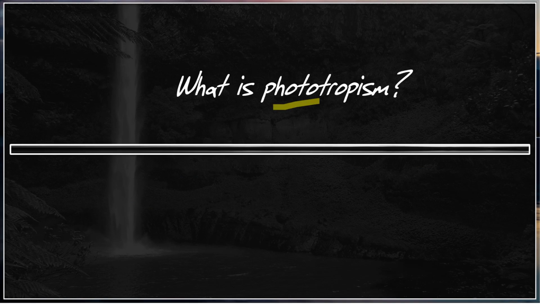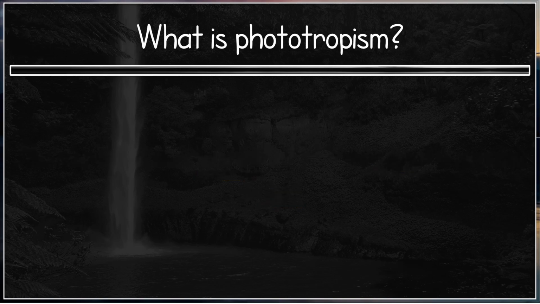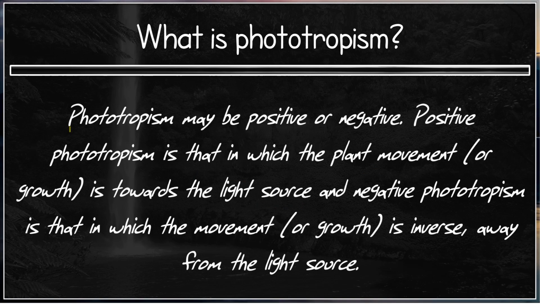What is phototropism? Phototropism is the movement of the plant structure in response to light. Phototropism may be positive or negative.